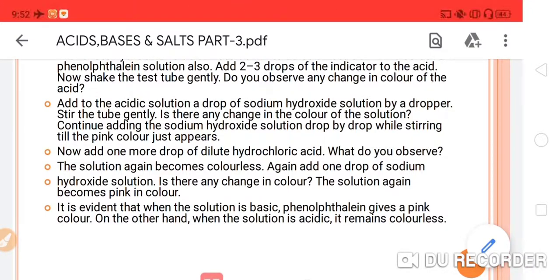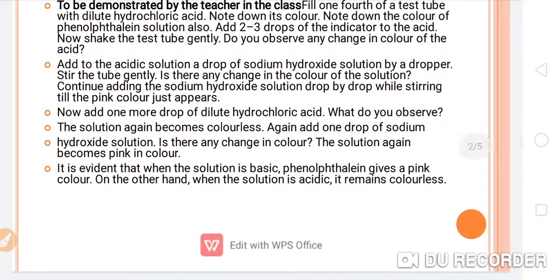Continue adding the sodium hydroxide solution drop by drop while stirring, till the pink color just appears, that is, till the phenolphthalein changes color. You must stir continuously during this process.